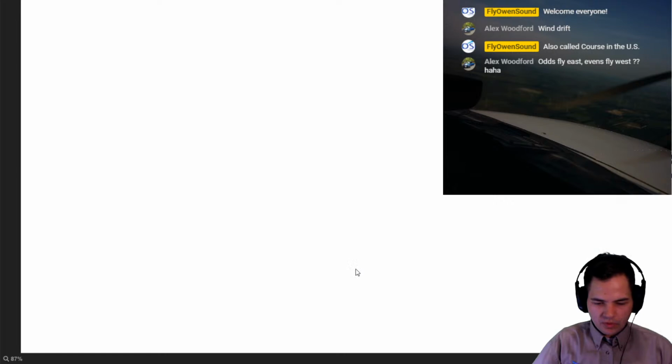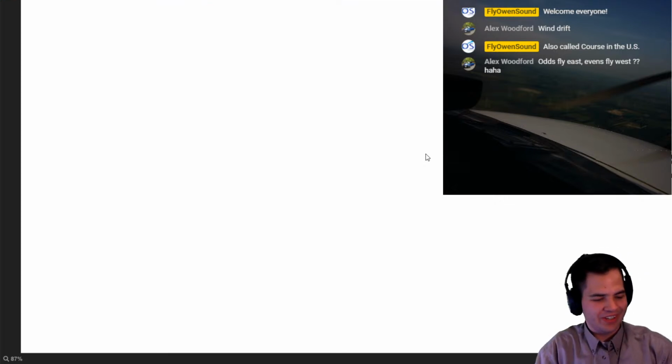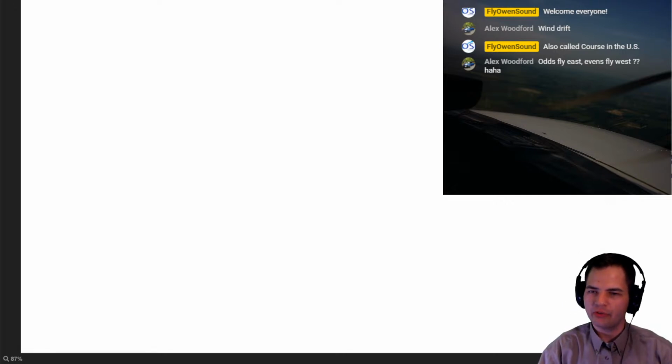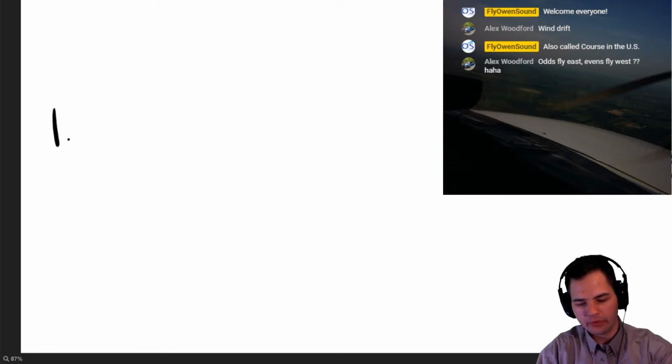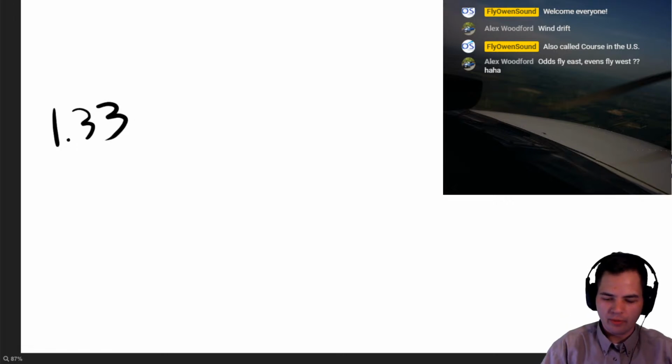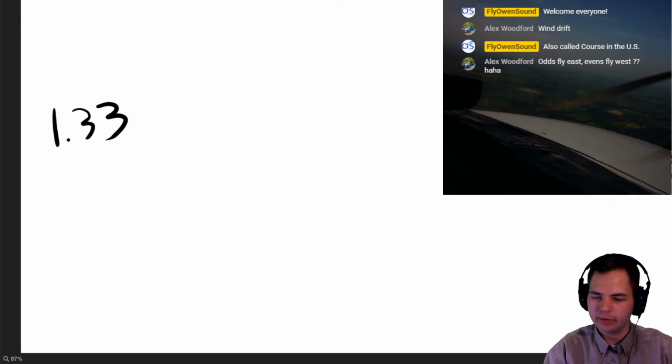So the formula here that I'll just write out, this is where you kind of have to remember this one, and there's one specific number you really have to remember, which is 1.33. So if you remember 1.33, you should be able to solve this problem here.